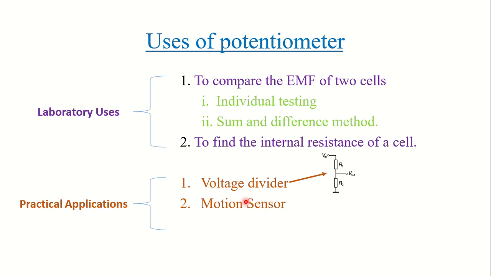Second, it can be used as a motion sensor. When a potentiometer is used as a motion sensor, the moving part of the machine is connected to the slider of the potentiometer, and the potentiometer is calibrated in terms of the displacement of the moving part.